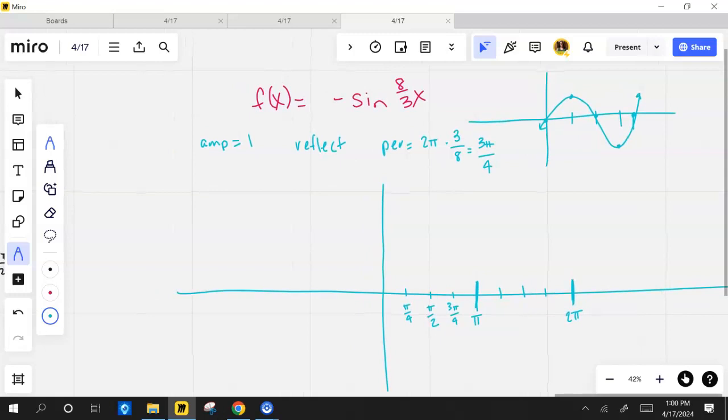So I'm still, remember, highs become lows, lows become highs, but my amplitude has not changed. So I'm still starting at 0 and I'm still ending at 0 at the end of my period. And now I need to go halfway in between this so that I find my other 0, right? So 1, 2, 3, so I need to go over 1.5.